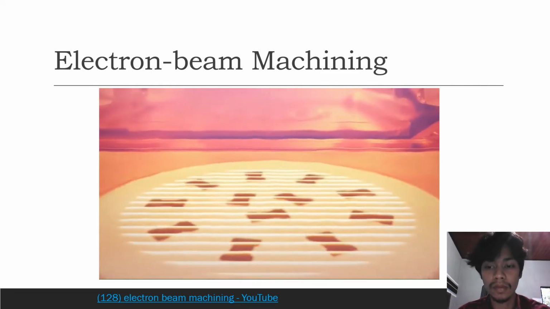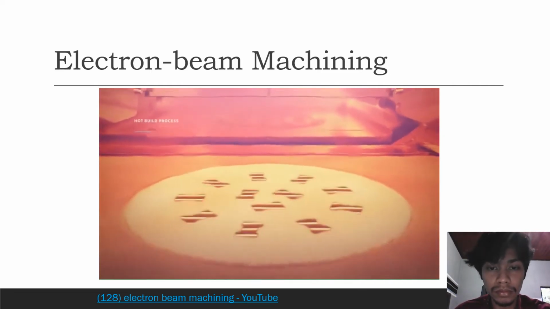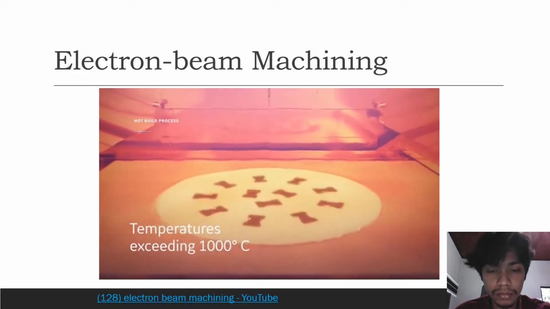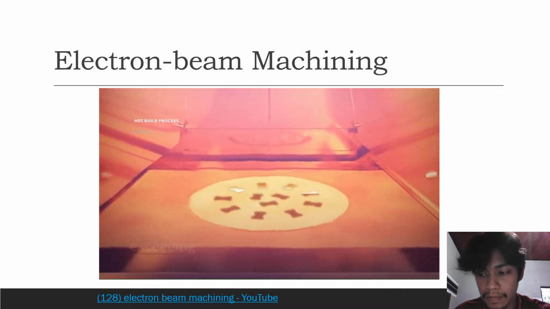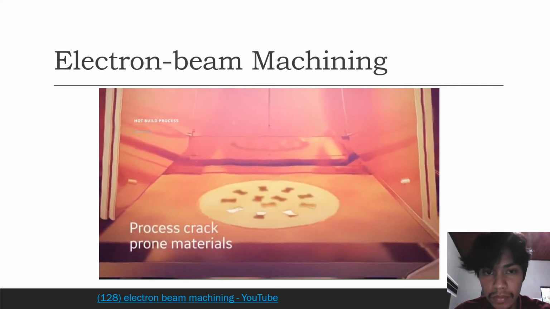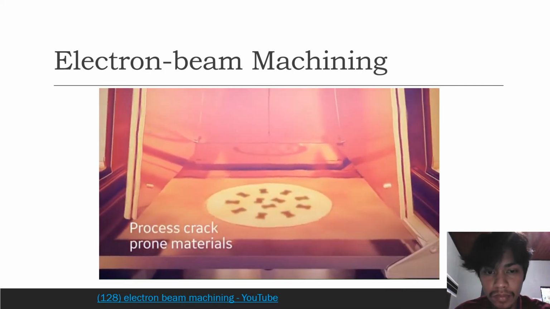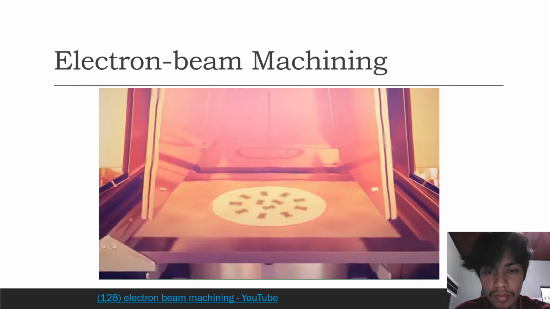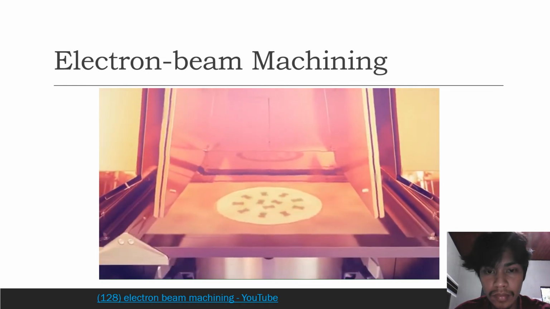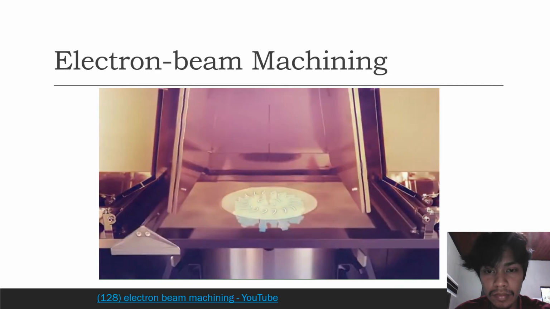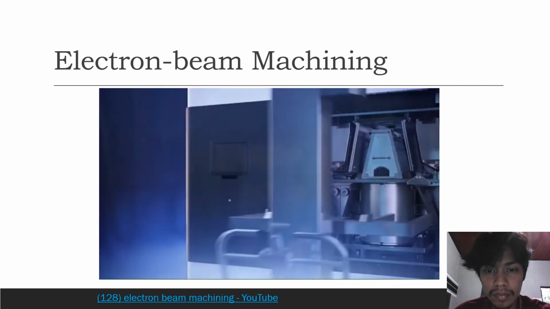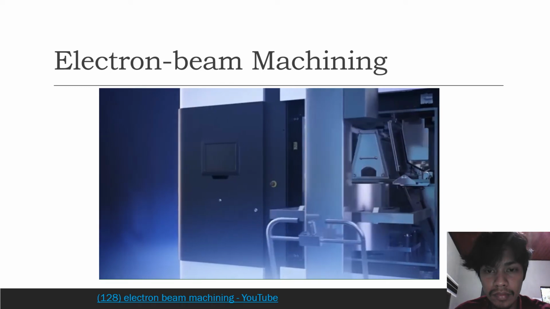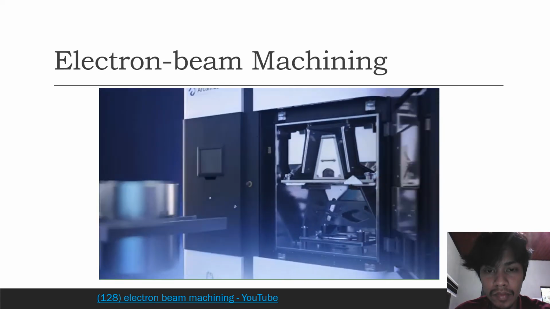The build environment is kept hot, reaching temperatures exceeding 1000 degrees Celsius, resulting in no residual stresses and allowing for the processing of crack-prone materials. As each layer is completed, the build is lowered and a fresh layer of build powder is raked over it. This process repeats, growing the build one layer at a time. When the build is complete, the tank is extracted and the RCAM EBM machine is prepared for the next build.